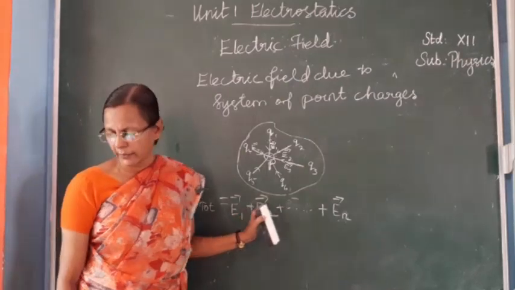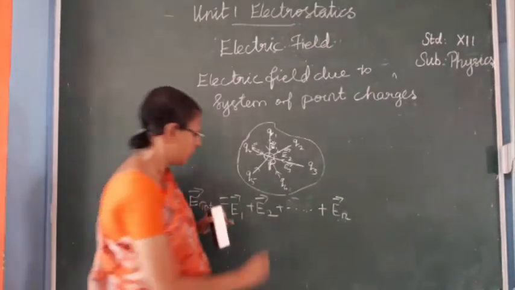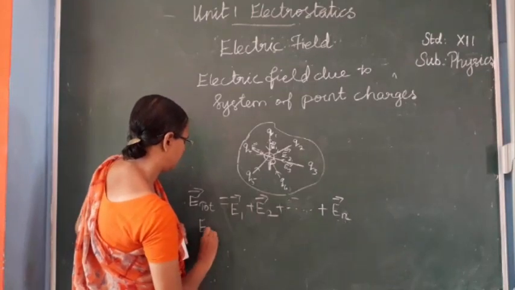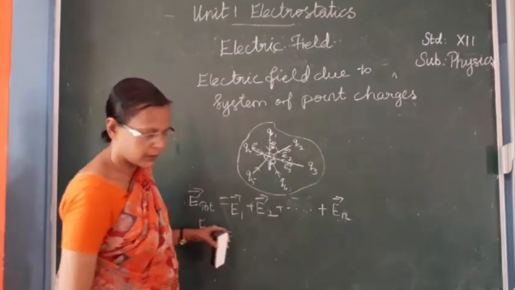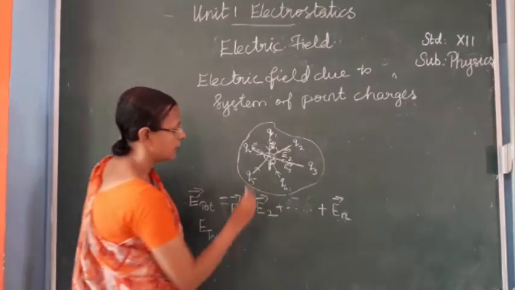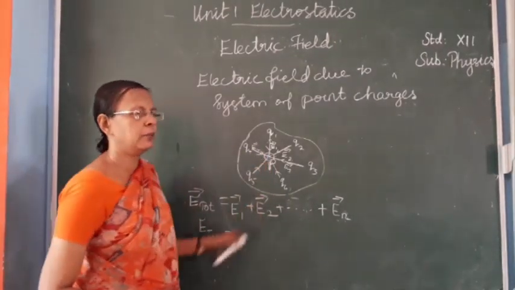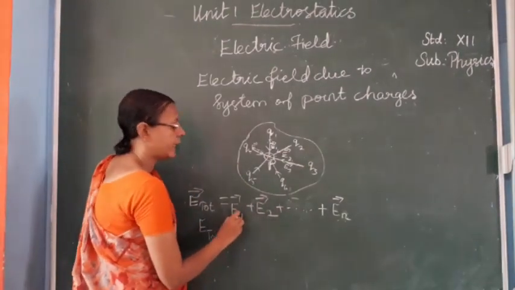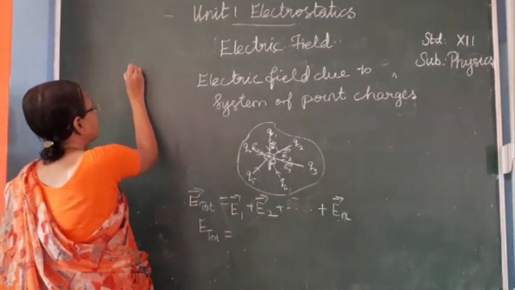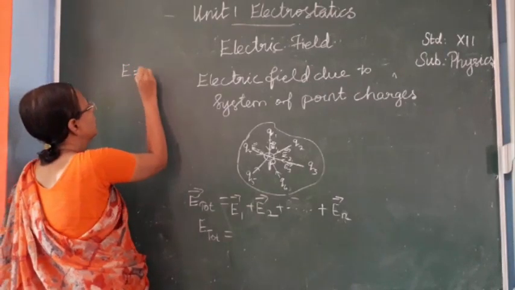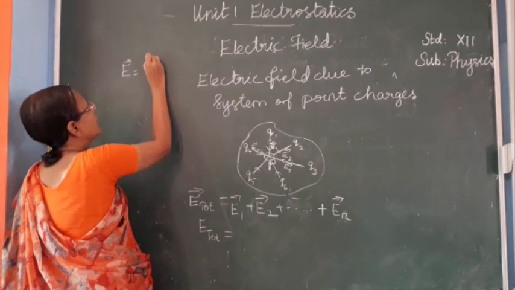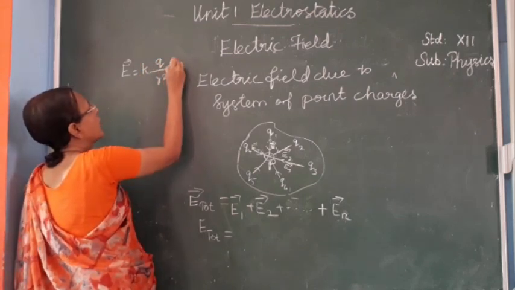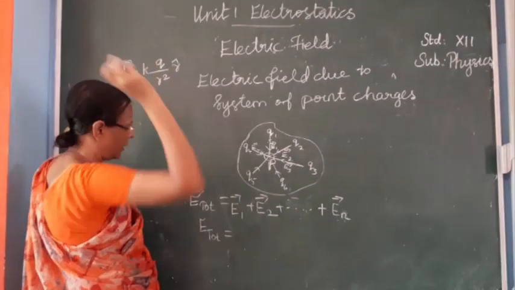In this E total we have to substitute the formula. Just like in the earlier superposition principle, we substitute the formula: E vector is equal to K Q divided by R squared, R cap, or K Q divided by R cube, R vector.